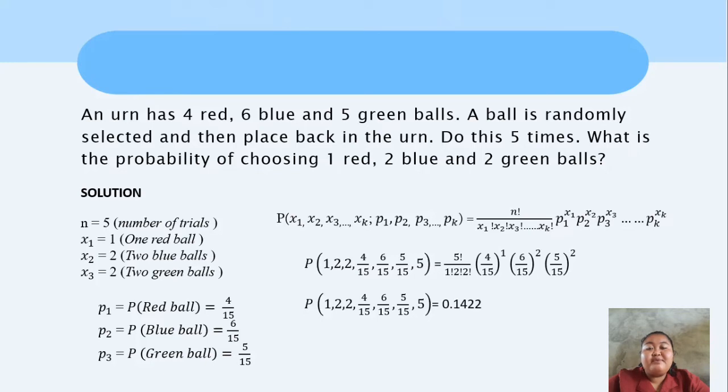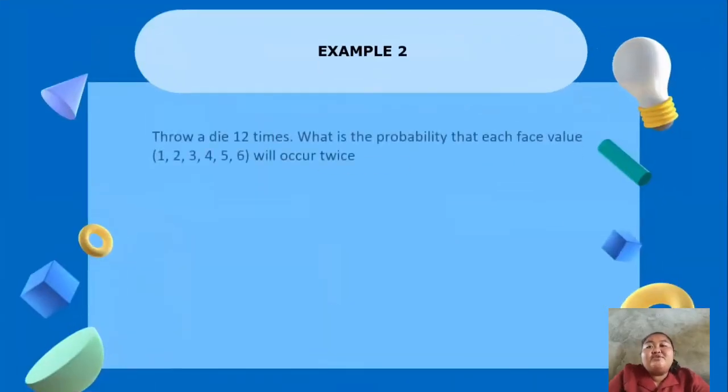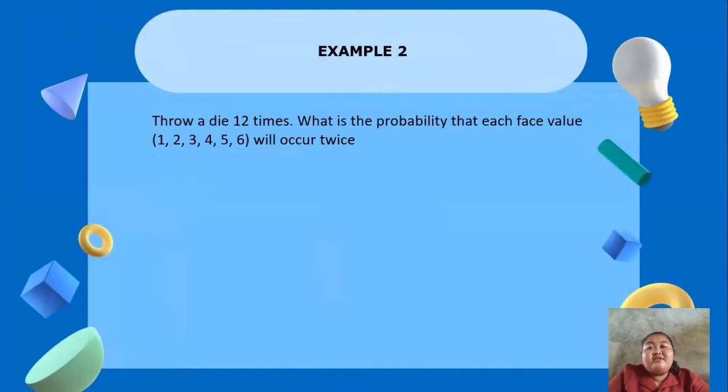Next, example 2. Throw a die 12 times. What is the probability that each face value (1, 2, 3, 4, 5 and 6) will appear twice, totaling 12?